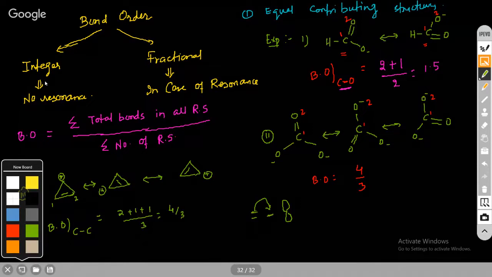This example, fourth one, R S double bond O minus double bond O. Tell me the bond order of the sulfur oxygen bond.